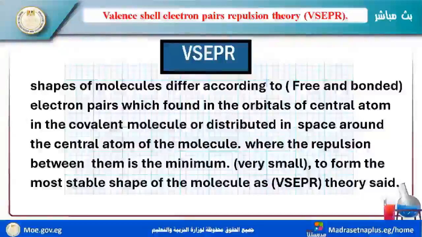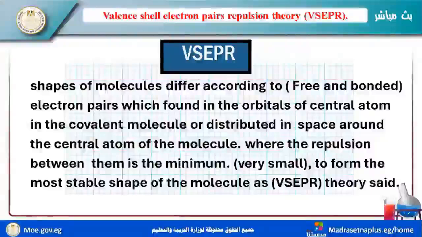In the last sessions, we discussed many things about the theories which explain covalent bonds, the octet rule, and many theories like VBT, valence bond theory. Now we start on VSEPR, valence shell electron pair repulsion theory.